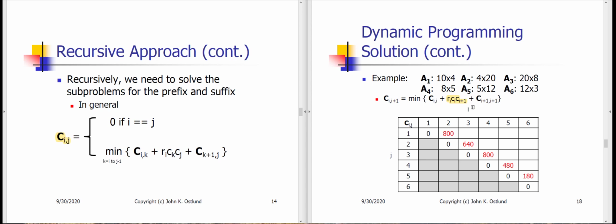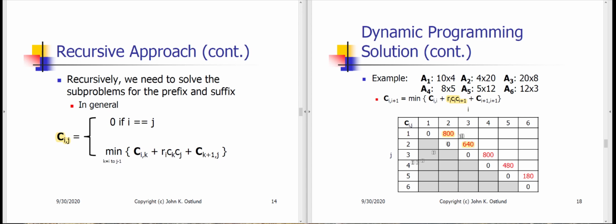Now, these are really easy to compute for each of the possible pairs. All right, so for C sub 1,2, what we have is 10 times 4 times 20. 10 times 4 is 40, times 20 is 800. So we get our 800 filled in for C1,2. For C2,3, we have 4 times 20 is 80, times 8 is 640.